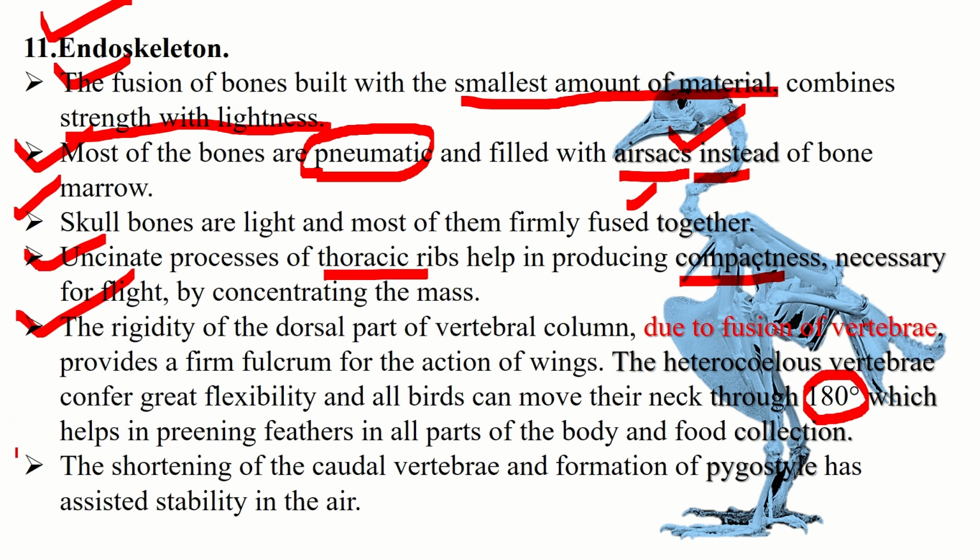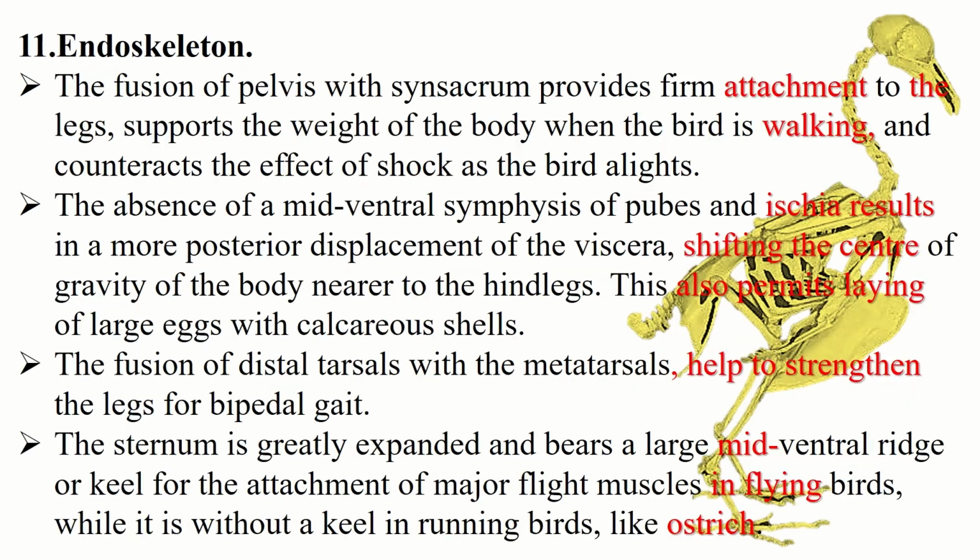The shortening of the caudal vertebrae and formation of the pygostyle has assisted stability in the air. Next, some more characteristics of the endoskeleton.